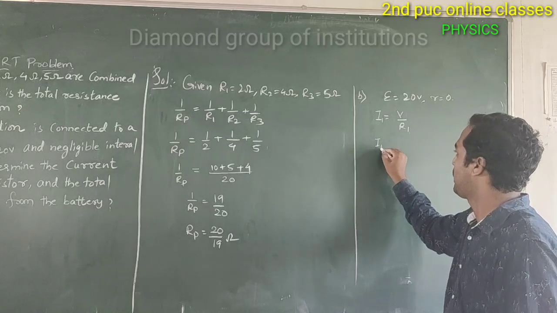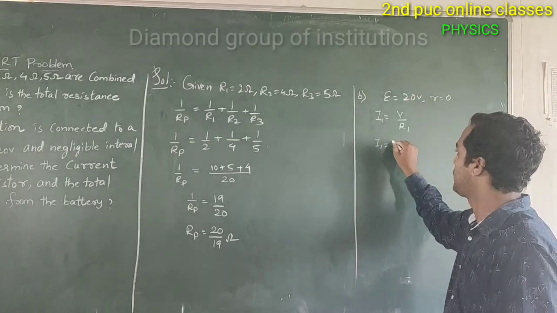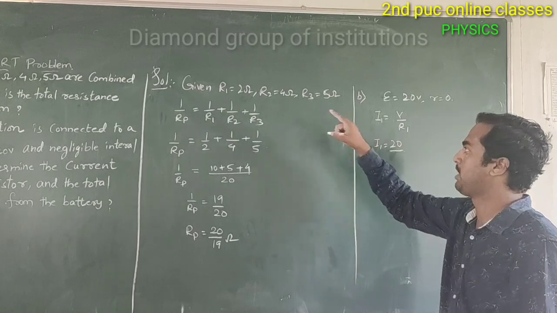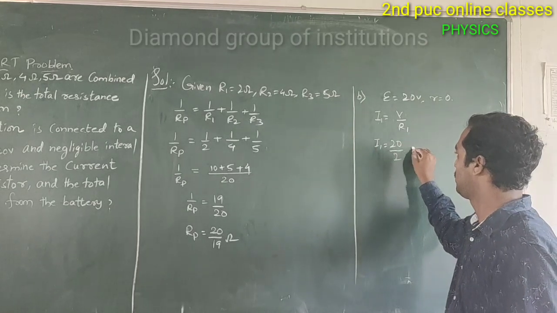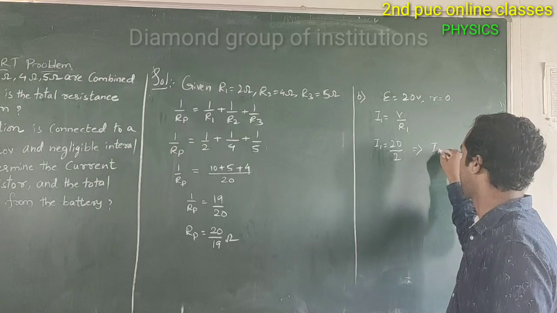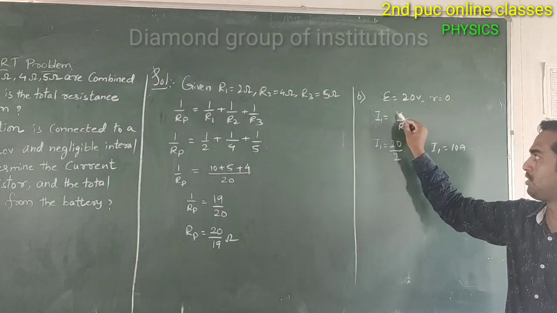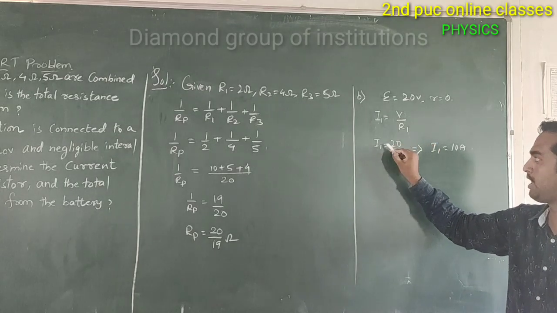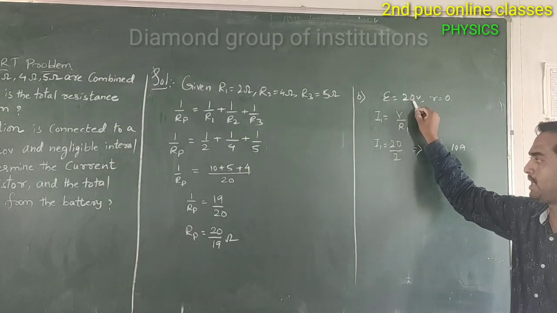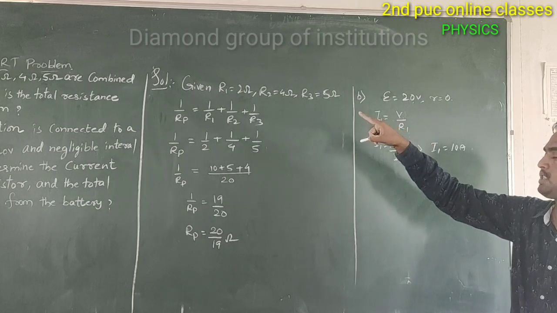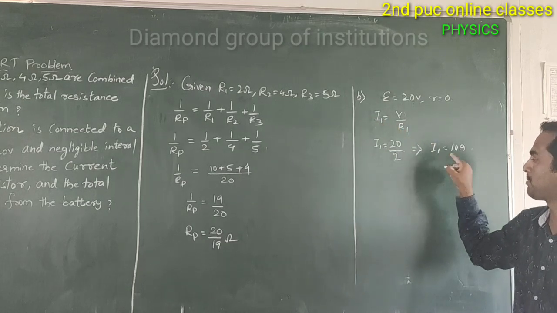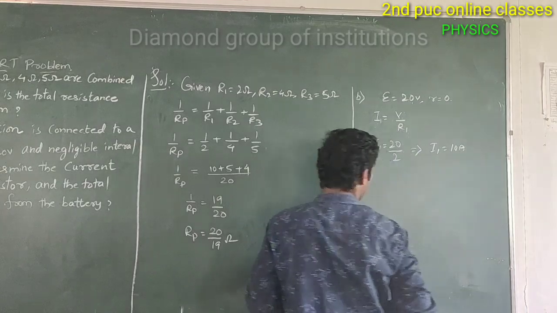So what does the I1 value become? V value is 20 divided by the resistance value 2, so I1 equals 10 ampere. I1 equal to V by R1, I1 equal to 20 by the first resistance value 2. 20 by 2 becomes 10.